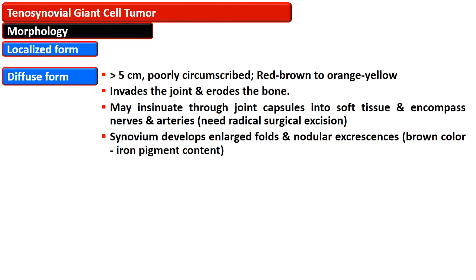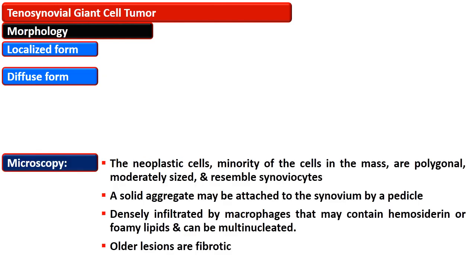The synovium develops enlarged folds and nodular excrescences, and these are brown in color due to iron pigment content. The microscopy for both the localized and diffuse forms is the same. The neoplastic cells, which are present in small number in the mass, are polygonal.